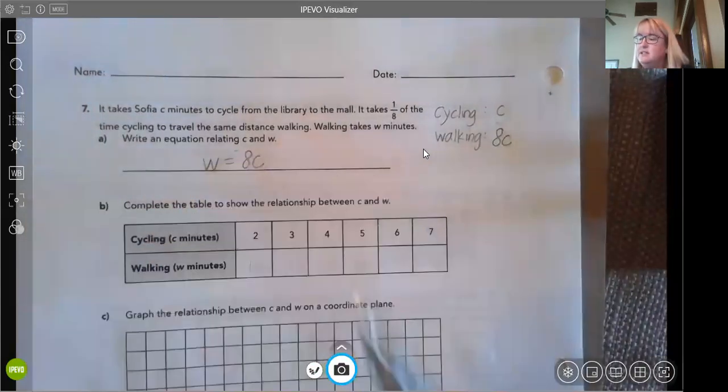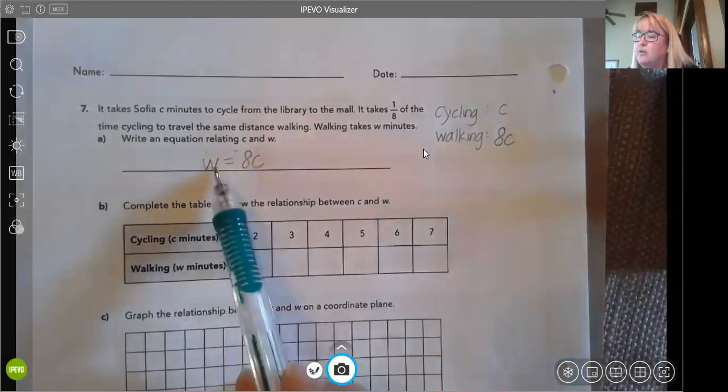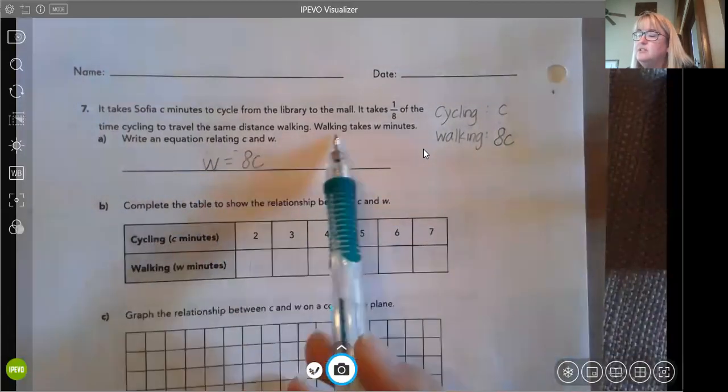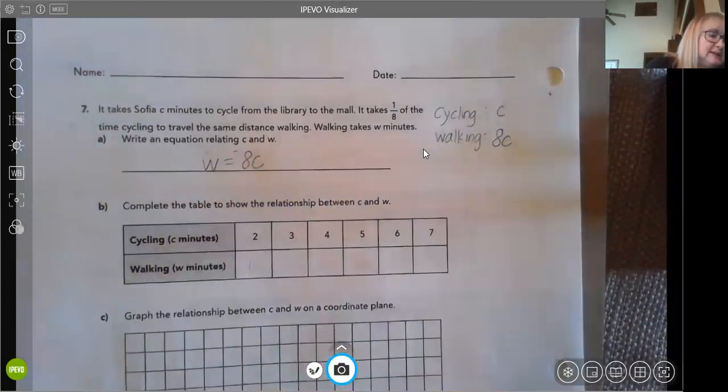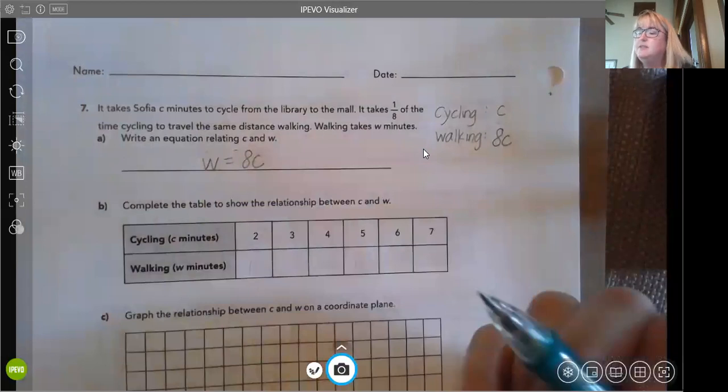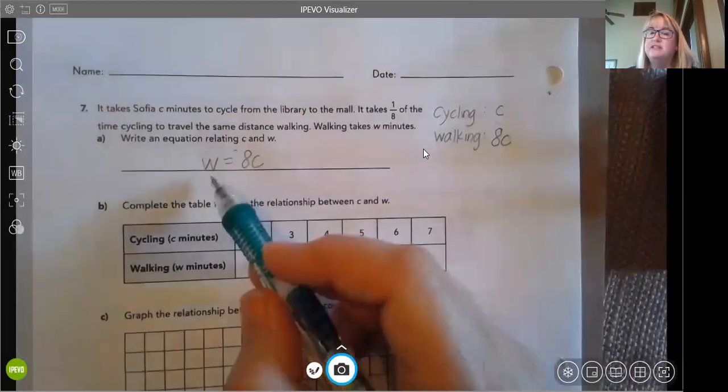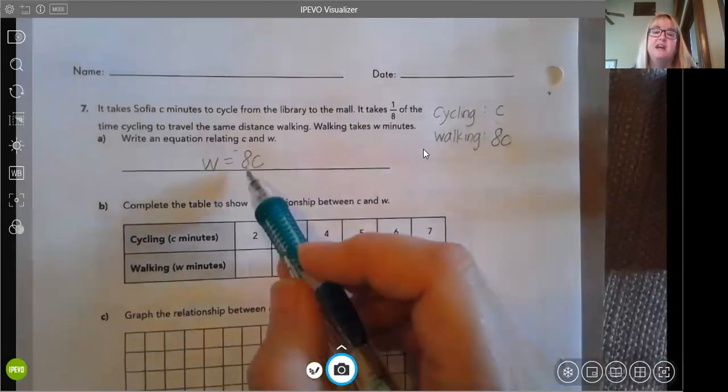W stands for how long it takes to walk. To figure that out, we multiply how long it takes to cycle by 8.